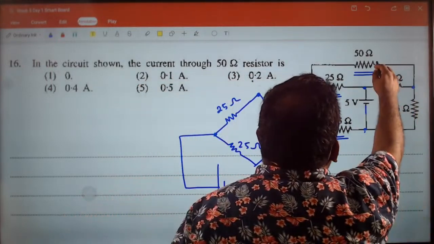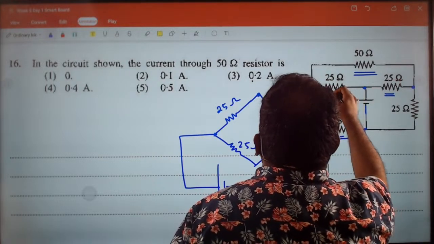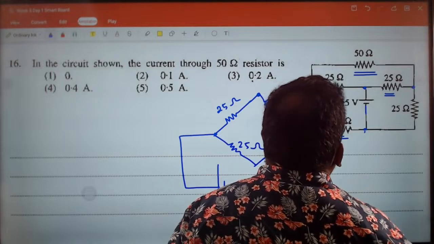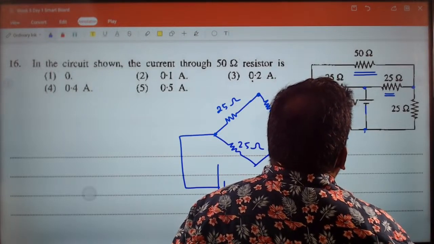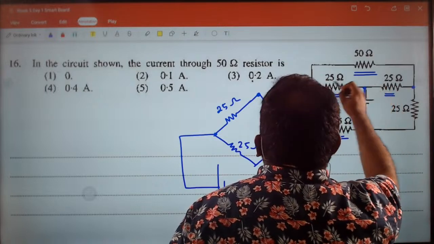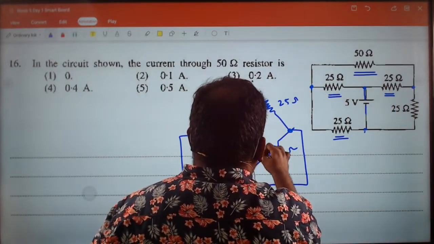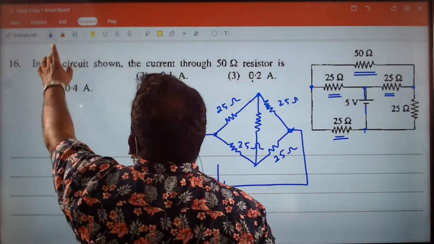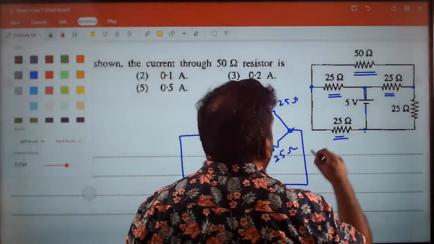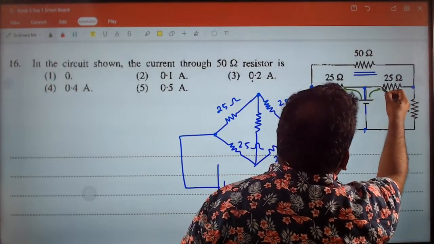What about the 50 ohm? Look at it carefully. Positive terminal here, positive terminal there.